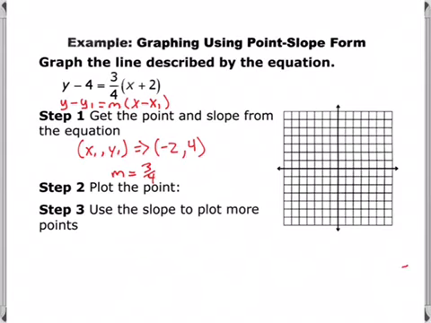So we go to -2, we go to 4, we plot the point, and from this point we just apply our slope. So it's up 3, right 4. Can't go any farther that way, so I'll backtrack, down 3, left 4, and this is our line for this equation. It's relatively similar to slope-intercept form, except instead of starting with an intercept, you're just starting with a random point.